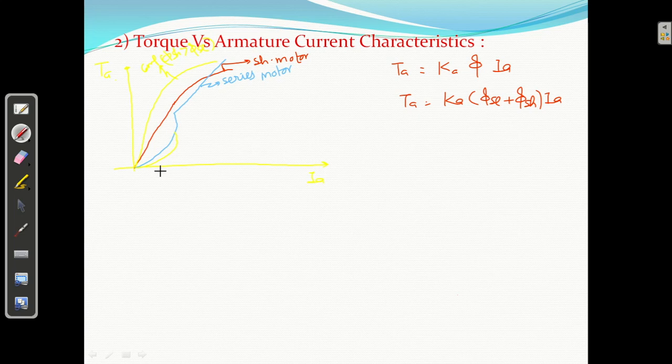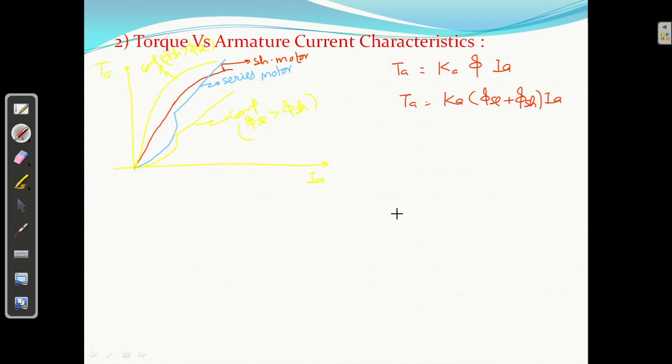This is for the compound motor, phi series more stronger than the phi shunt. So characteristic will be like a series motor, but for the same value of armature current, starting torque will be less compared to series motor. So these are the characteristics you will get.